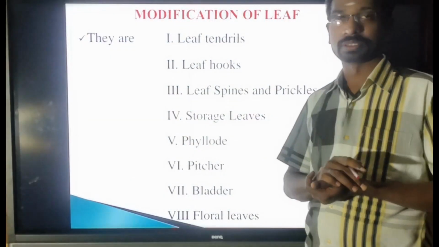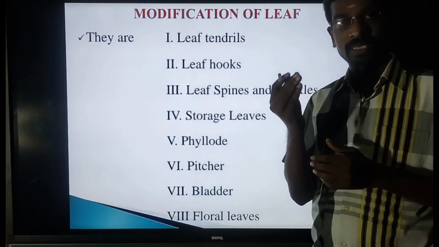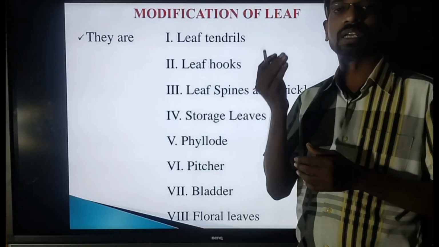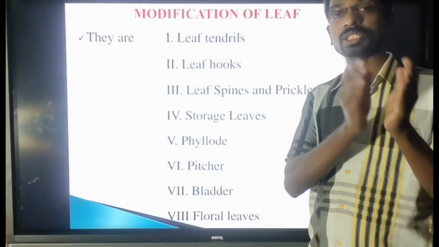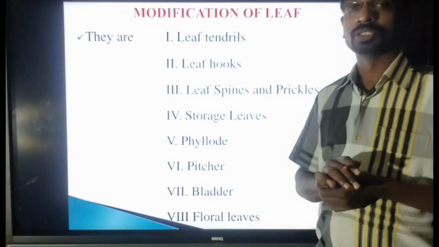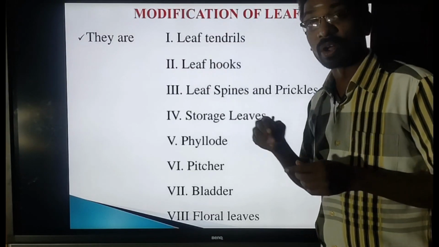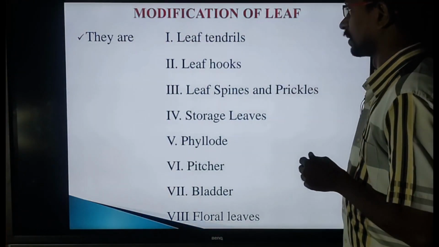And floral leaves: the floral parts, calyx, corolla, stamen, and gynoecium, are also modifications of the leaves. So these are the leaf modifications, one by one.